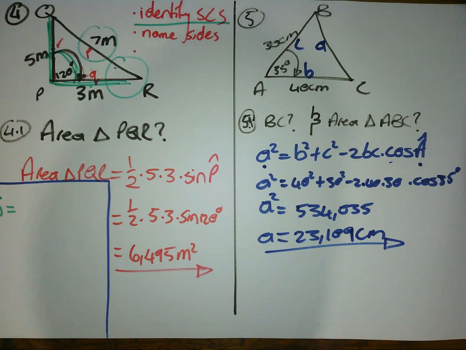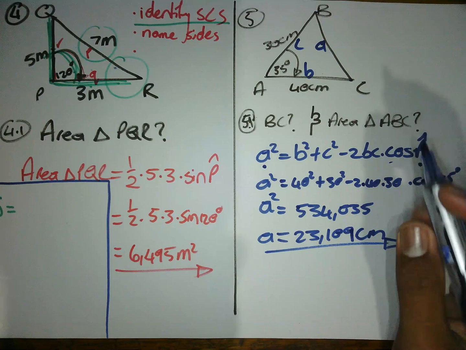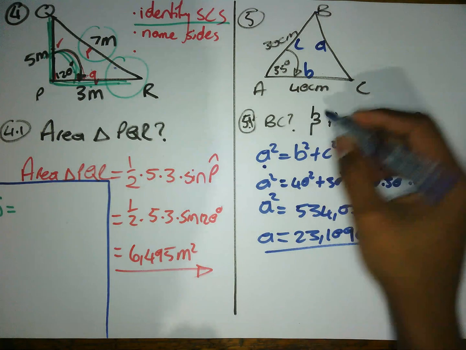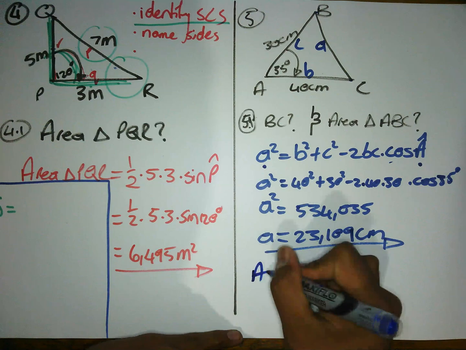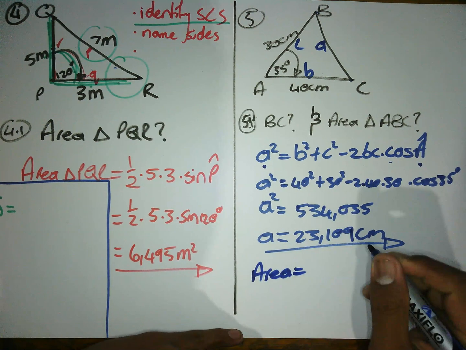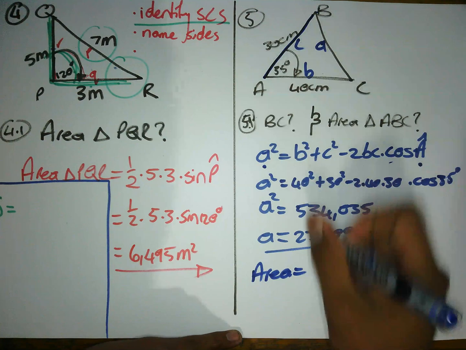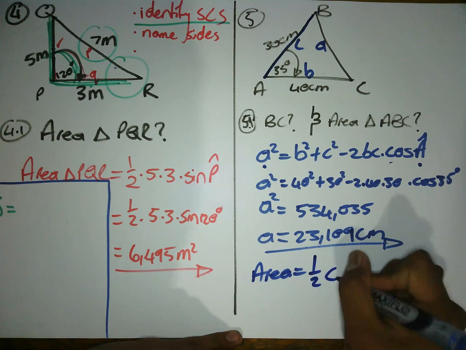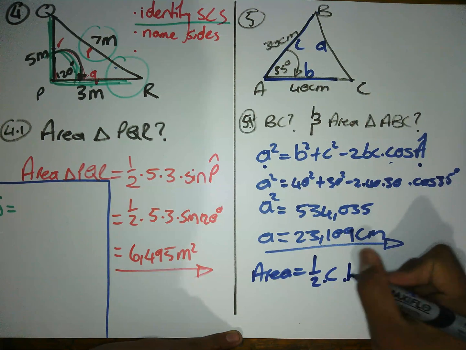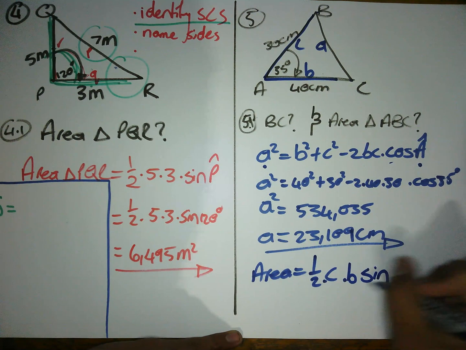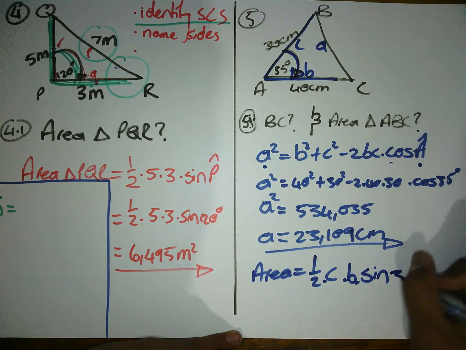Then the next thing for me to do is the area. So my area equals half times side C times side B times sine of my angle that's between the two sides.